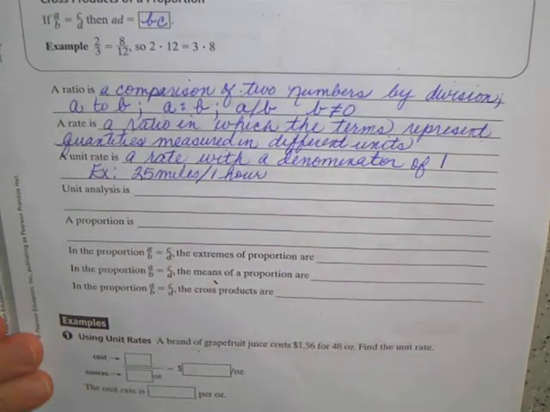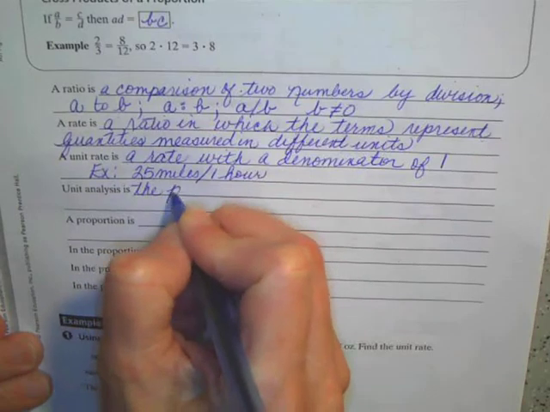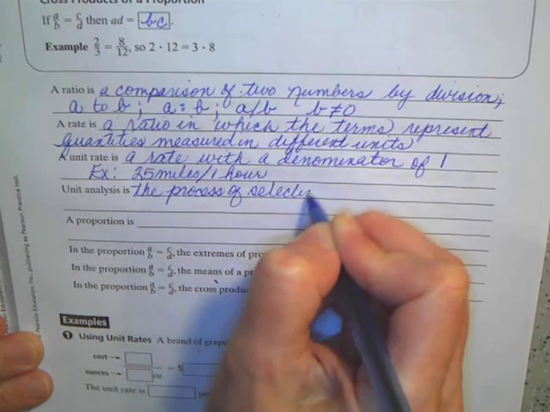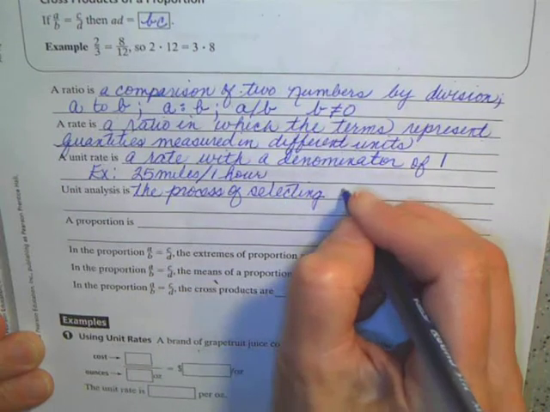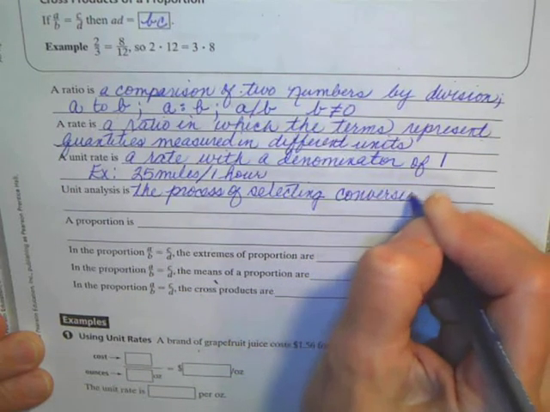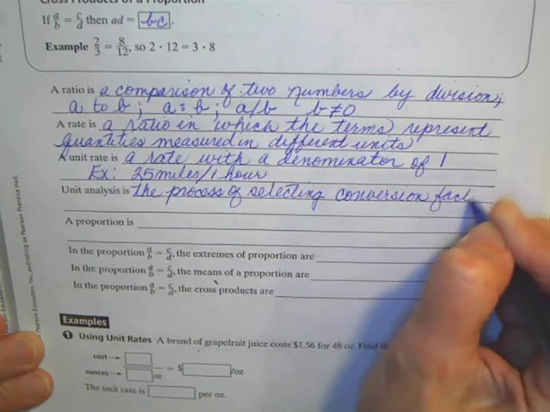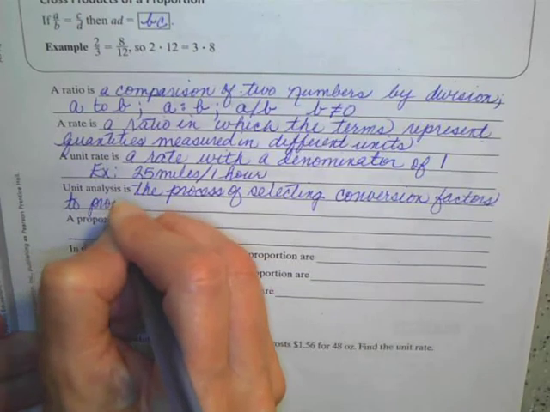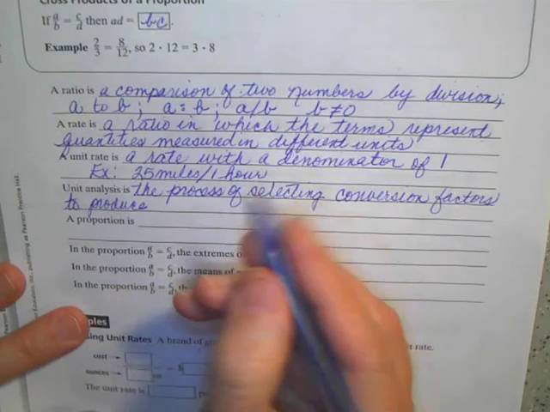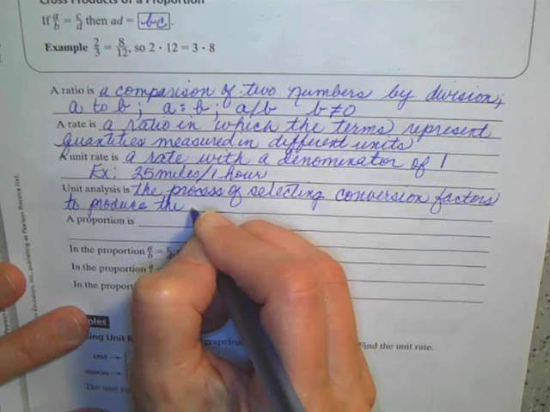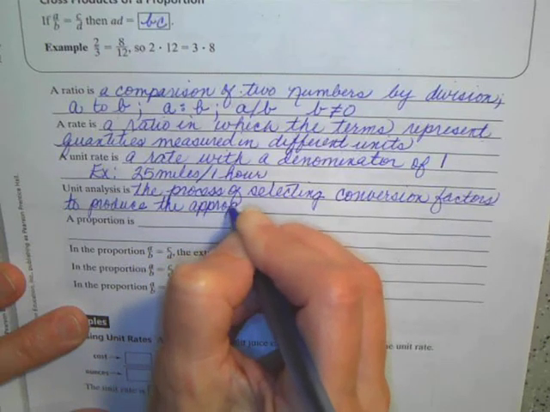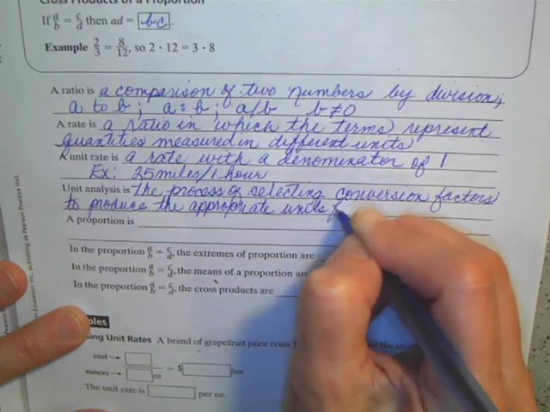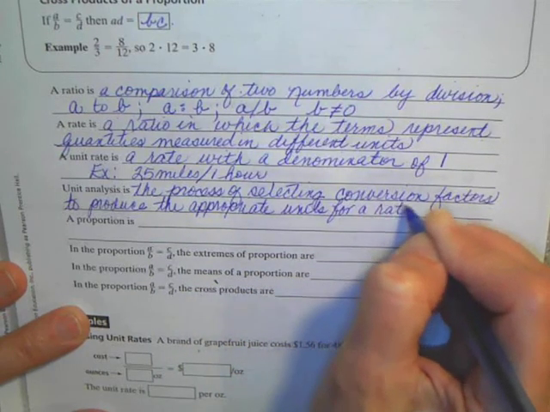Unit analysis is the process of selecting conversion factors to produce the appropriate units for a ratio or rate.